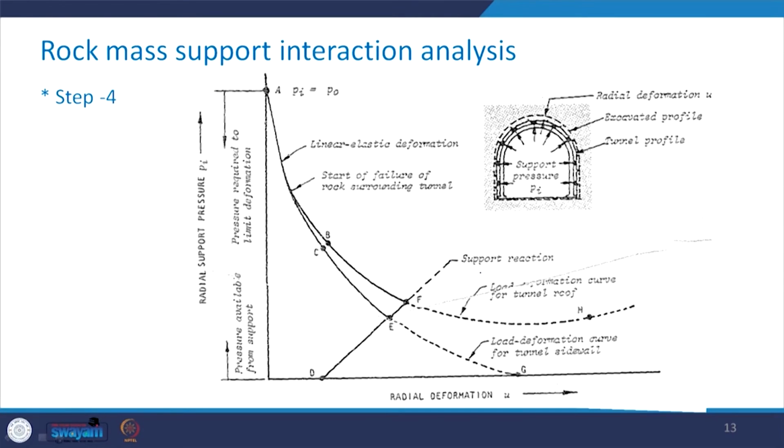Take a look here that this is increasing from this point D in the manner DEF. So this is what is going to be the support reaction curve up to this point. So you see how the GRC and SRC are plotted simultaneously.